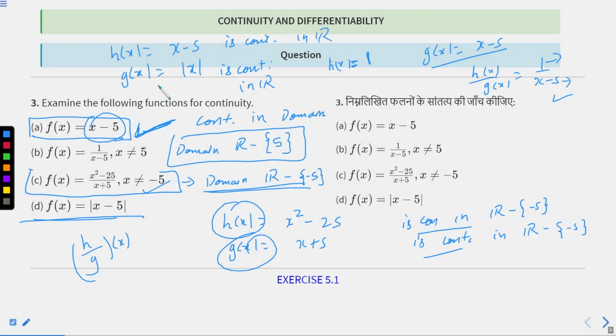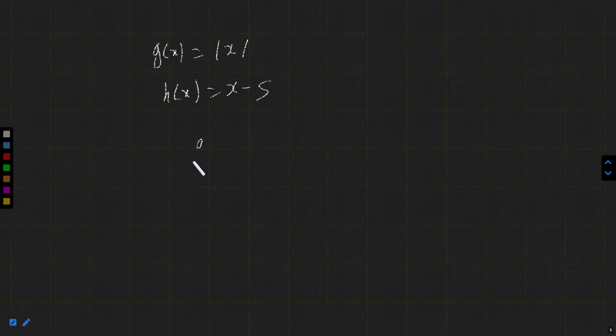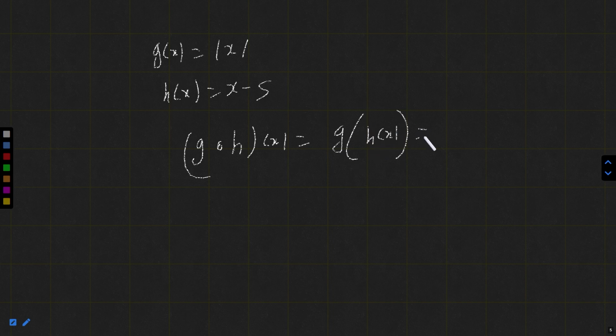As you can see, h(x) is x minus 5. Now the composition g of h(x) will be g of h(x), and h(x) is x minus 5. This means mod of x minus 5.